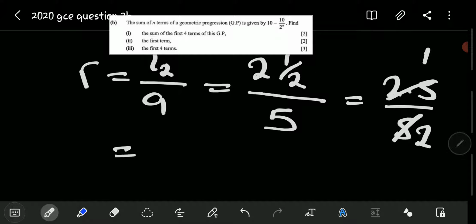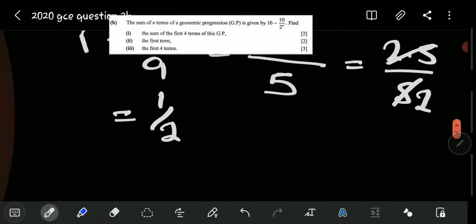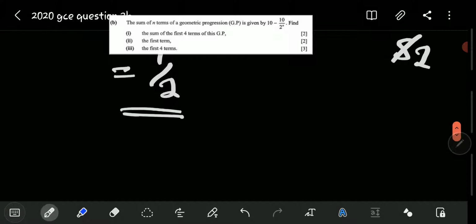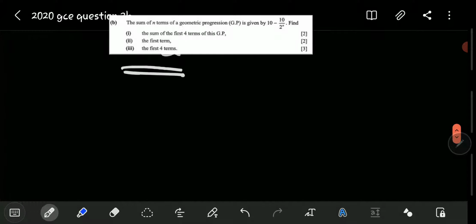So this is basically just 1 over 2. So the ratio is 1 over 2. Then we can now use the ratio to find the third and the fourth term.